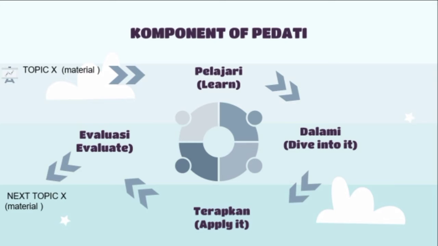And the next one is evaluate, or evaluasi. In this step, teachers or lecturers will be gathering data to evaluate whether students pass this topic or need to repeat it.